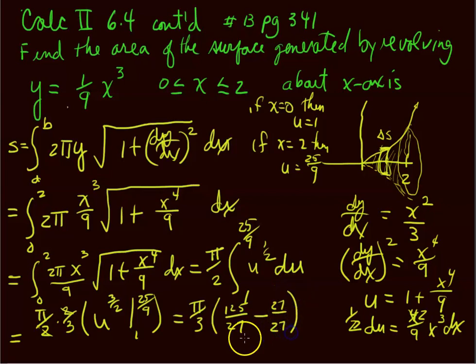Does that make sense? So the square root of 25 is 5, cube it. The square root of 9 is 3, cube it. 1 to the 3/2 is just 1, so we'll change it into 27/27. Altogether, we get 98/81 with a pi in there.